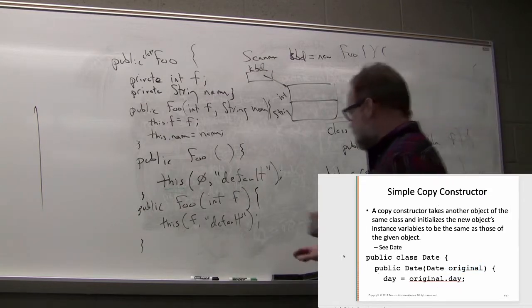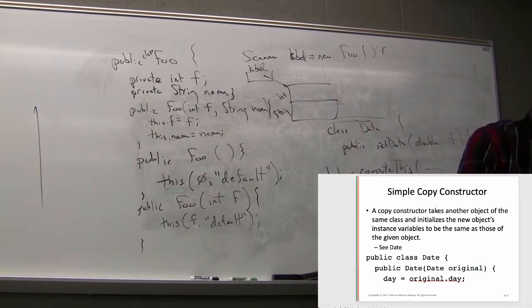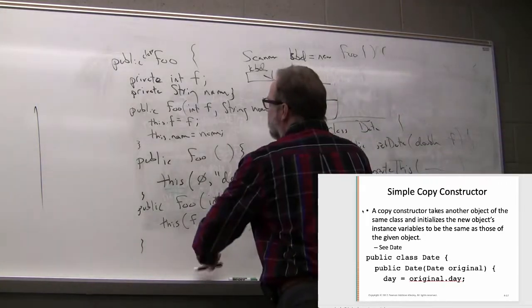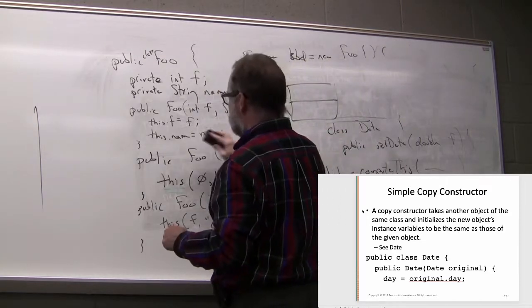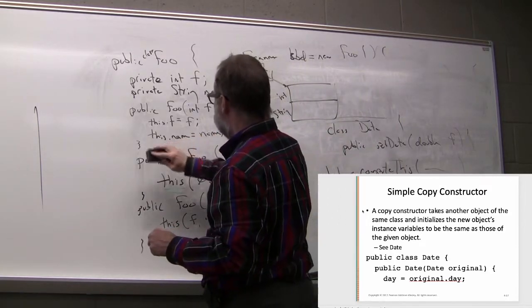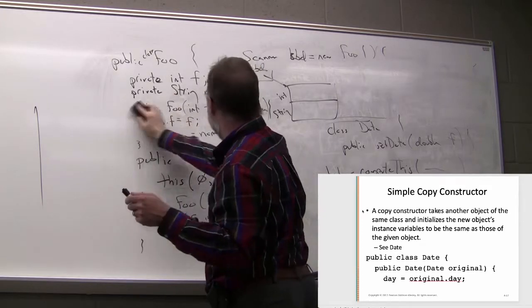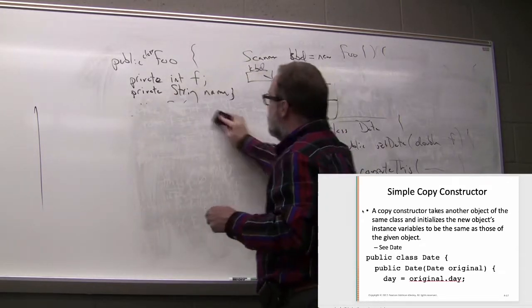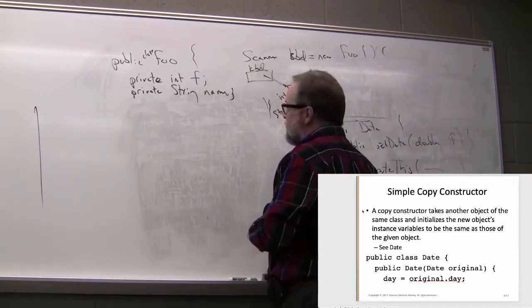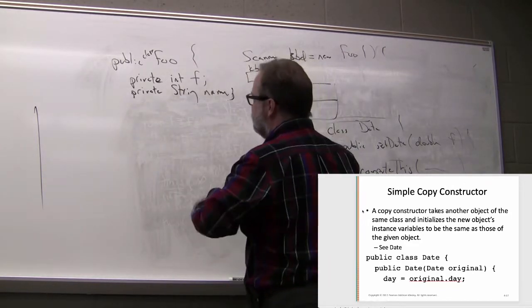So let's take a look. Let's assume these fields are all here, and I wanted to make a copy constructor for this.